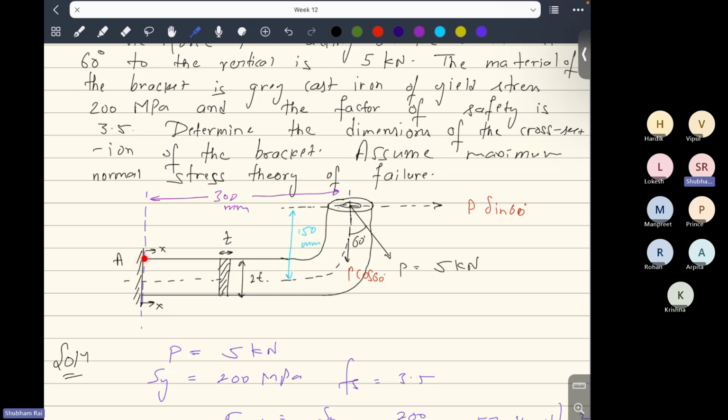Is it maximum normal stress theory or maximum principal stress? I think this will be maximum principal stress theory only. So from there you can find the maximum principal stress and equate it to the maximum principal stress that is given to you. And here, because the shear stress, as I'm saying, you can calculate, but it will be negligible compared to normal stress, we are assuming that only normal stress is there, and we are taking that as principal stress.